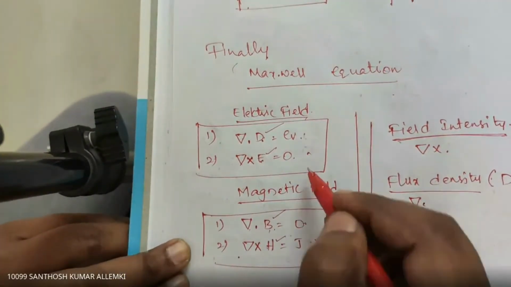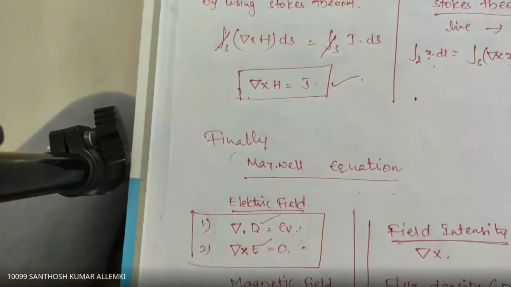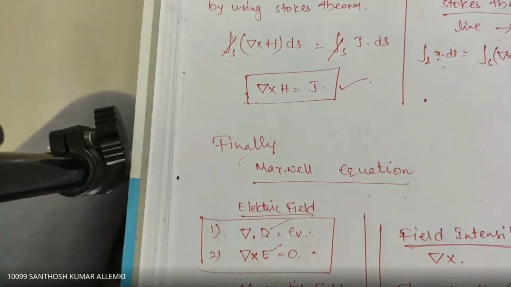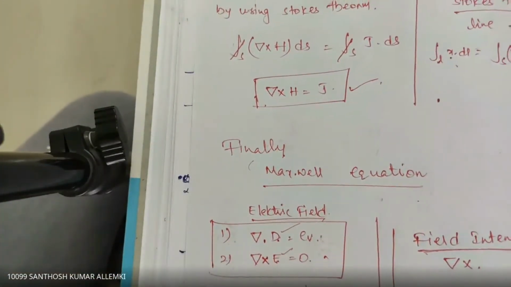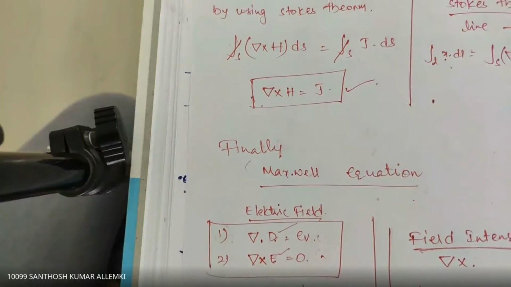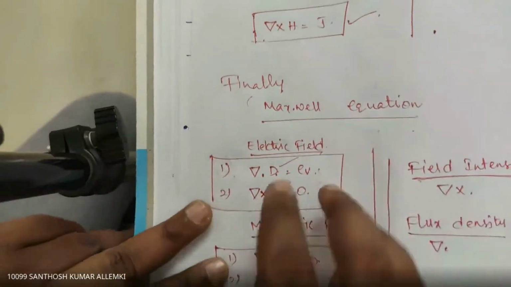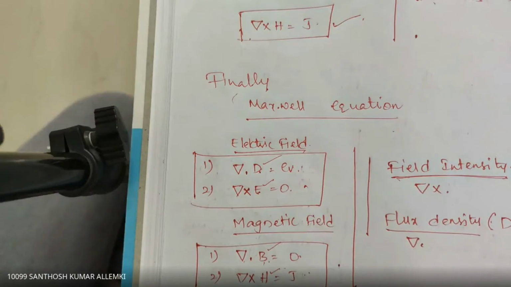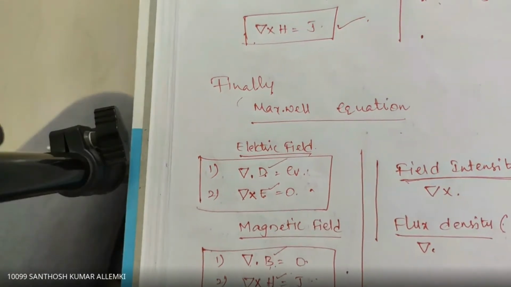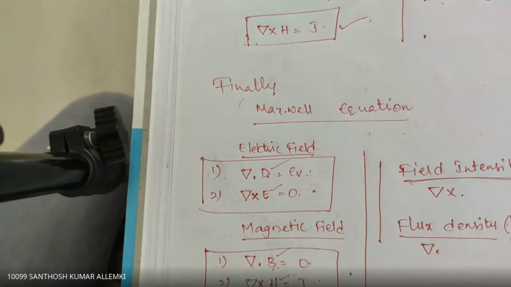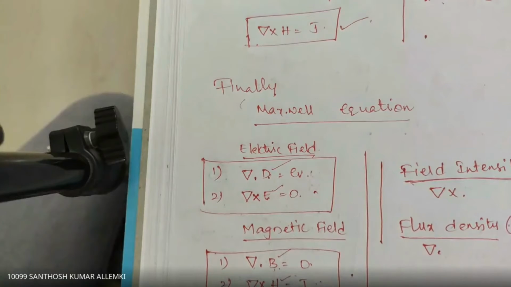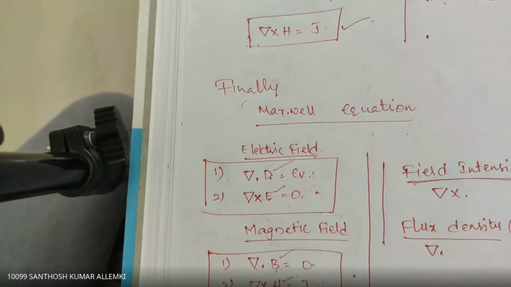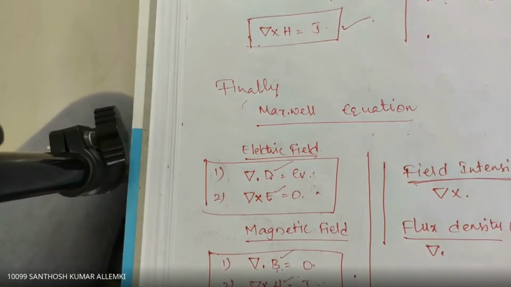Based on these four Maxwell equations we have the third unit. If you know these four, the third unit will be very easy, and within it we can derive nearly 40 Maxwell equations. Based on those and these equations, you can grasp the concepts in antenna wave propagation as well as microwave engineering. Is it clear?